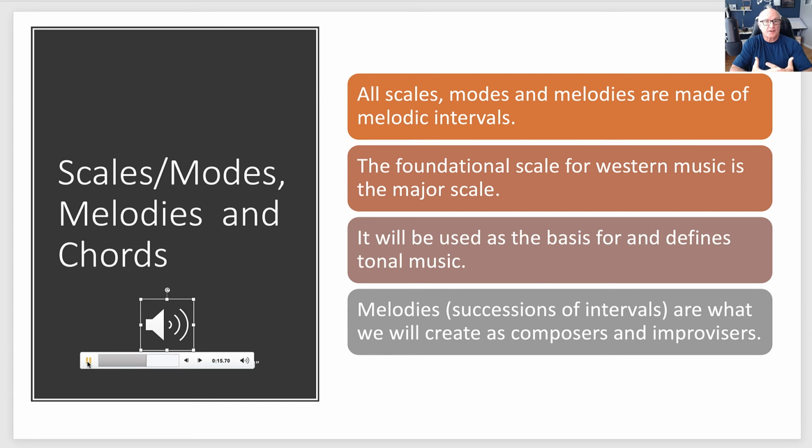And then, of course, the intervals at the beginning help set up a recognizable motive or idea. So we're going to use all of that to create what we consider to be our normal or popular or traditional Western music.